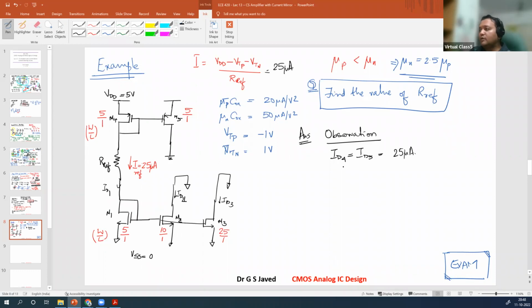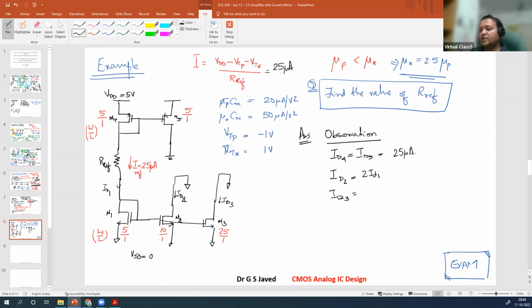Now, if you observe, ID2 is 2 times ID1. And if you observe M3, ID3, what you will observe? The W by L ratio has changed.